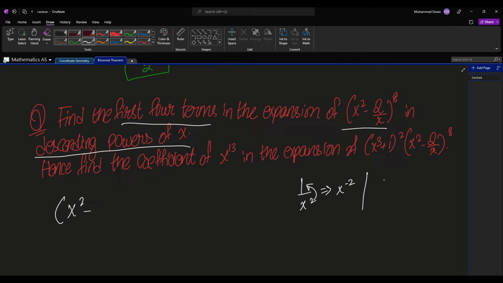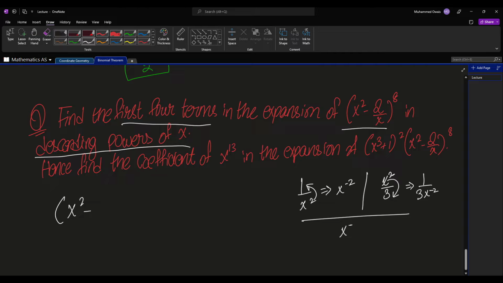So if you had x over 3 and you wanted to take this x squared to the bottom, you could just write this as 1 over 3x to the minus 2. Basically, if a term changes from numerator to denominator or denominator to numerator, the sign of its power changes.